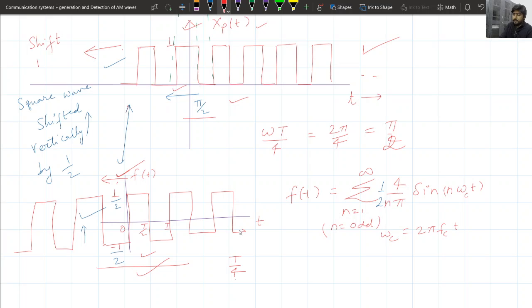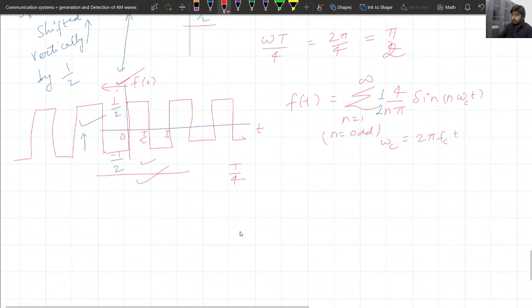Also here, shift by pi by 2 leftward. So two types of transformation we are doing.